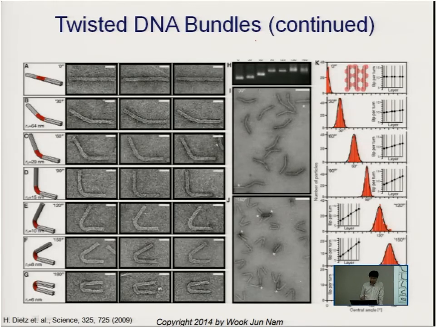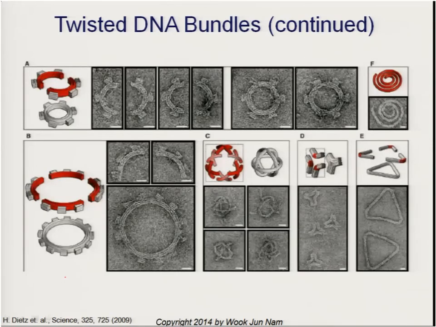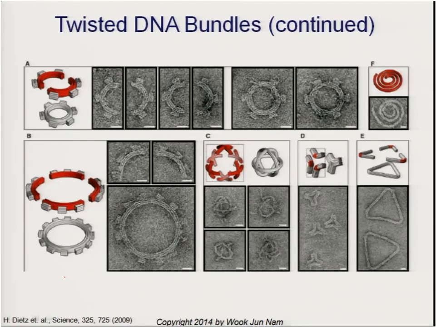And not only twist the bundles, people can bend these bars, and the degree of the bending can also be precisely controlled from 0 to 180 degrees. Using all these options, people can even make much more complex structures like a gear, and these kinds of structures. So using that way, we have thought about making nanoscale gear structures.